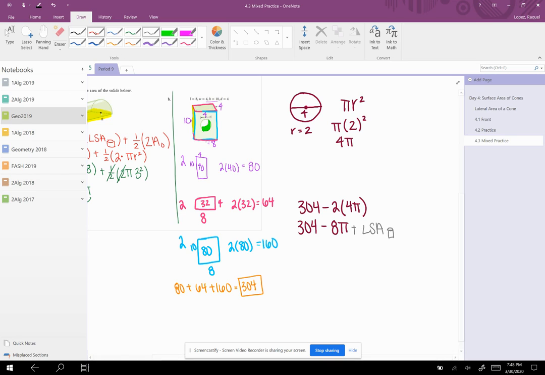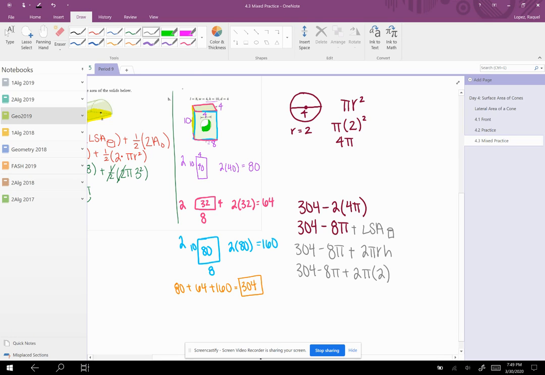Okay, so I've got 304 minus 8 pi. Now the lateral surface area of a cylinder is 2 pi r times the height.